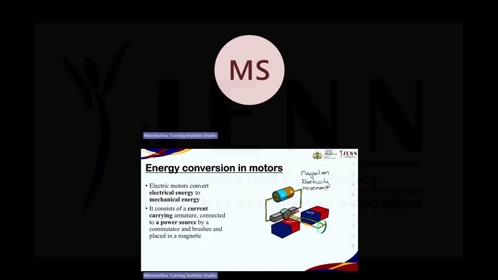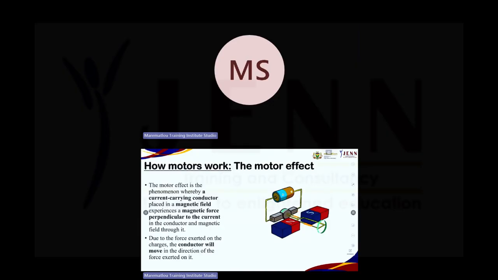Now, when we talk about the motor effect, it is the phenomenon by which a current carrying conductor is placed in the vicinity of a magnetic field.